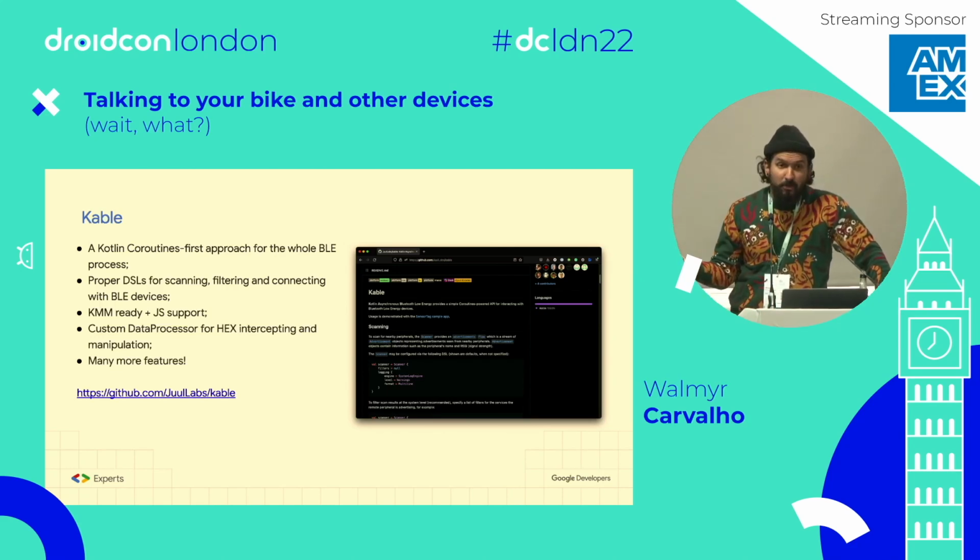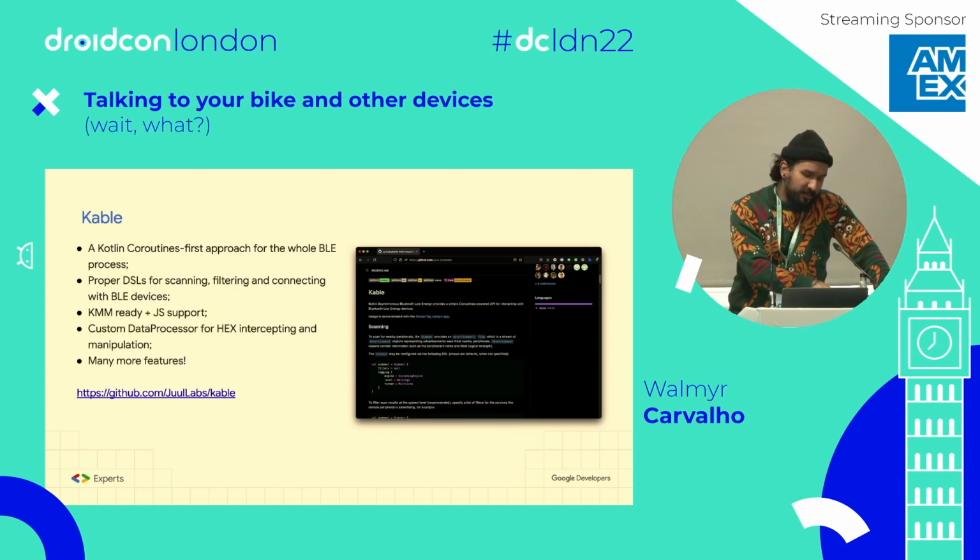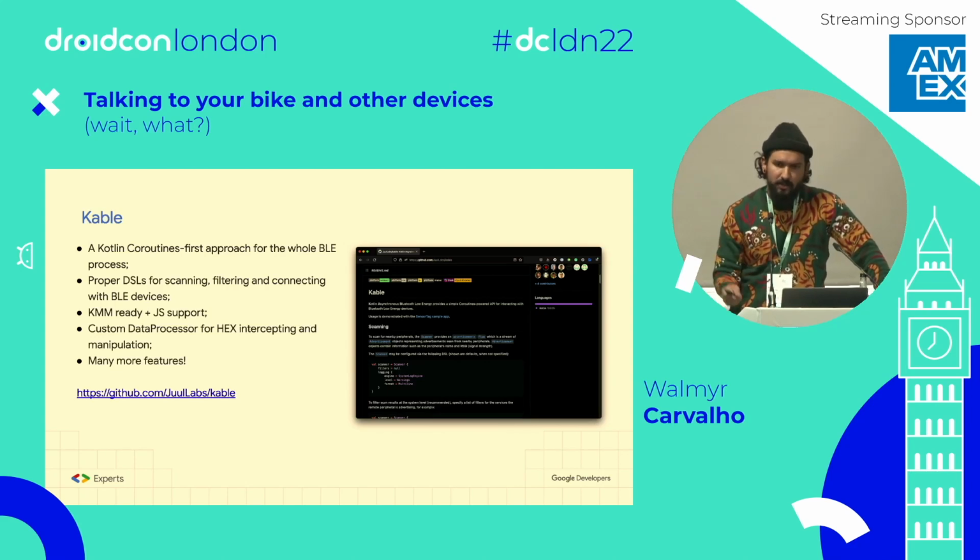Also, it's KMM ready, so we have seen a lot of KMM talks here. If you want to use that, for example, to connect to a device that runs on the desktop, you can actually do it. And also for mobile or anything. I mention JS support because it supports Kotlin JS. The custom processor is kind of nice, because you can actually intercept the data.